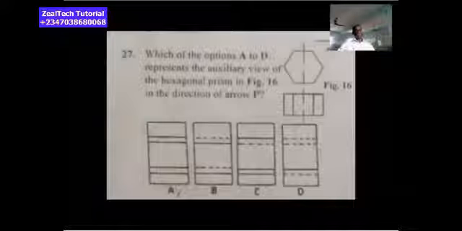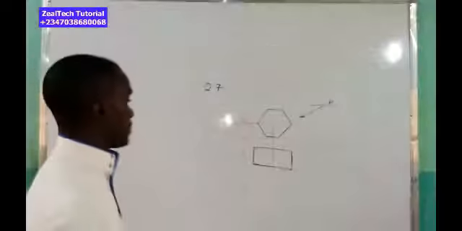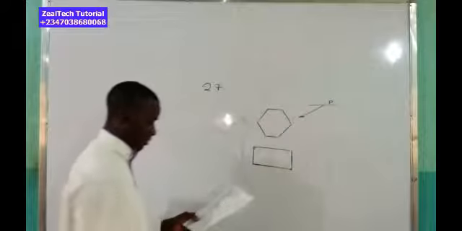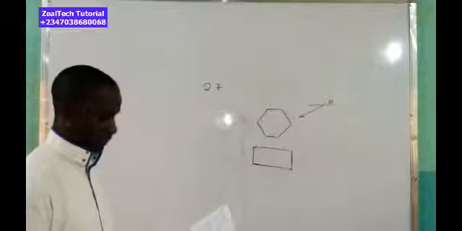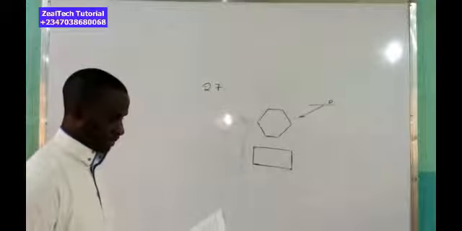Question 27 requires illustrations for you to decide the answer. This is the question that was given to us in number 27. Alright, so we are looking at auxiliary projection in this case.